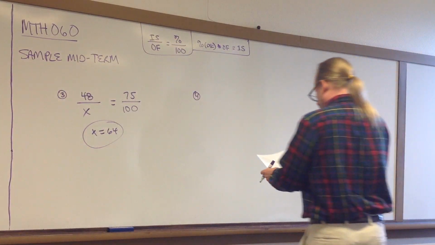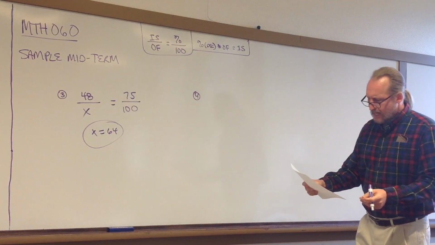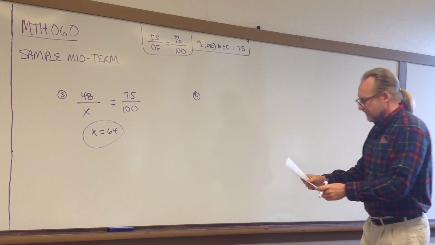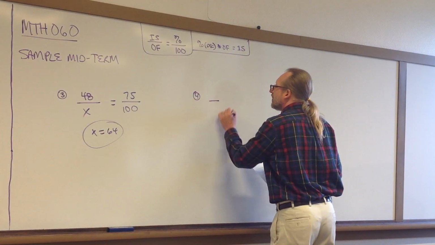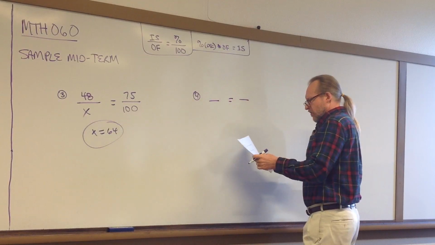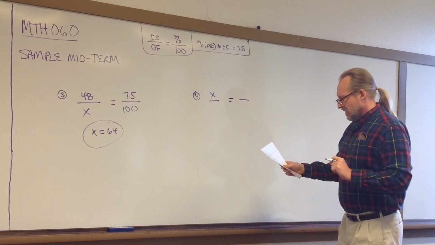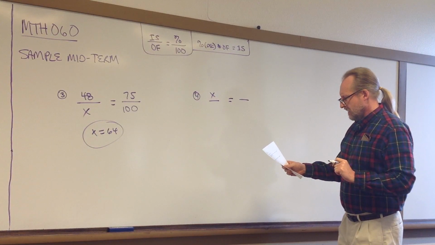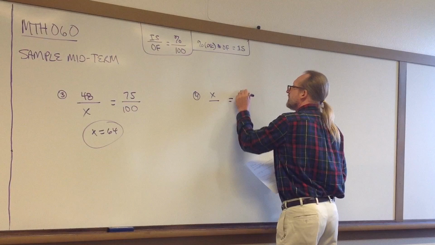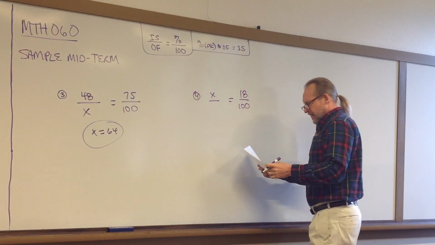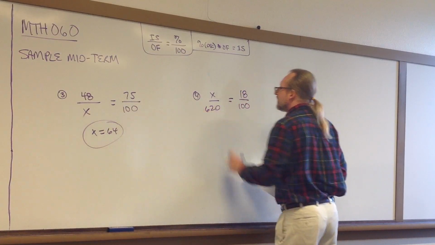All right, problem 4. What is 18% of 620? Well, let's see. "What is" means "is" is going to be our unknown. 18%, so the 18 goes up here, and then "of 620" goes down there.